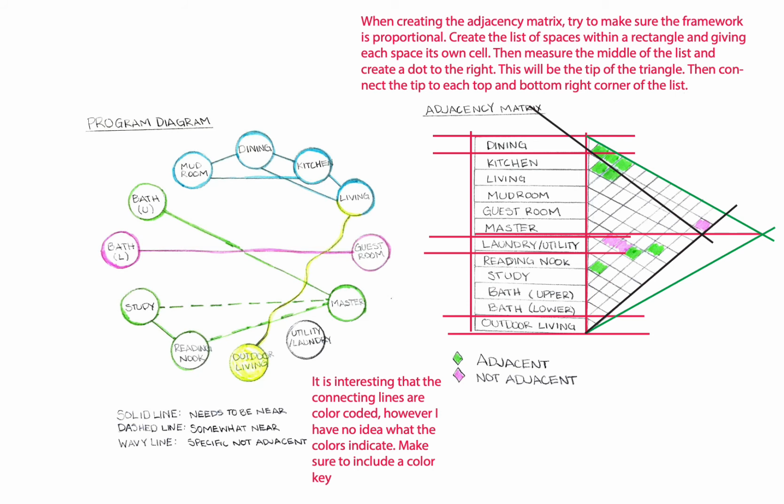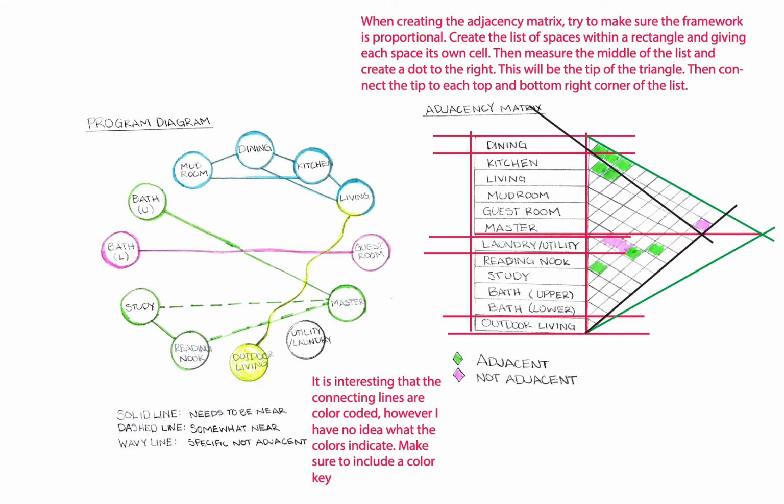Particularly the dining or the outdoor living is a solid yellow. Nothing else has a solid. So I'm very curious to know what that means. So make sure to be clear. Otherwise, there's an obvious layer of information here that people wouldn't naturally pick up unless there was a code there.